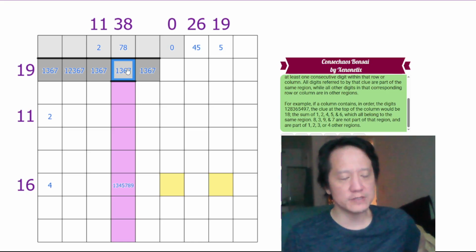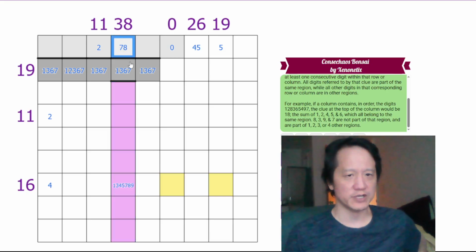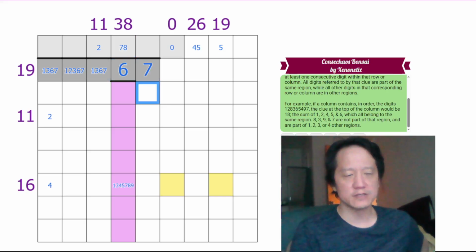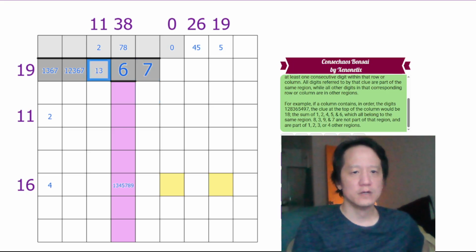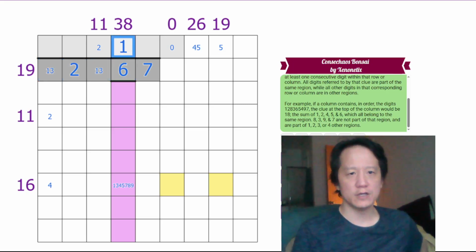It cannot be 7 here, because if this is 7, that means these can never add up to 38 because this would be an extra digit. So this must be 6. That makes this a 7 with it. This forces this to be 1, 3. This is 2. And this is 1 or 3. So this digit must be a 1 here.